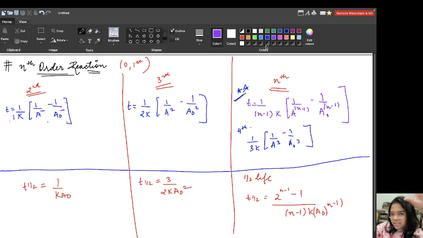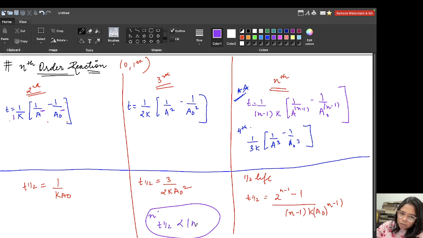Don't remember t half like this, just remember for any n, except 0 and 1, your t half is directly proportional to a naught to the 1 minus n. So now you know, if I am taking my 0 order reaction, t half is directly proportional to a naught. If I am taking my first order reaction, the power is 0, so t half is independent of the concentration.